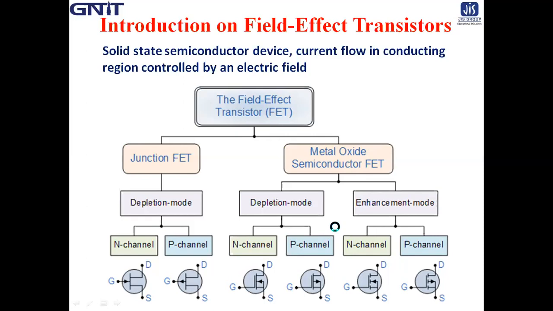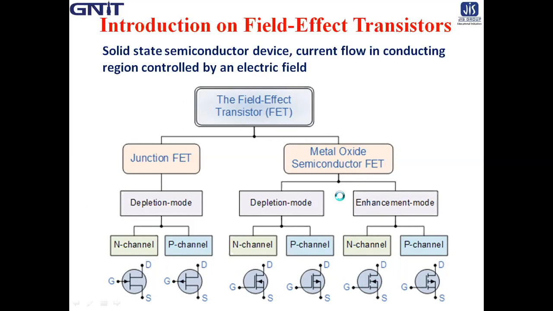That is why it is not shown here. The symbol structures are also present: for N channel and P channel JFET, N channel and P channel depletion type MOSFET, and N channel and P channel enhancement type MOSFET. We will discuss more about the symbols in detail later on.